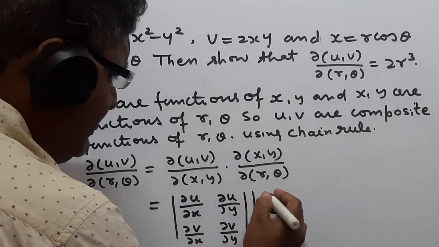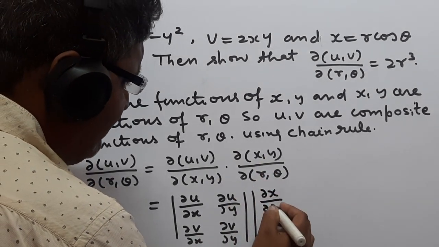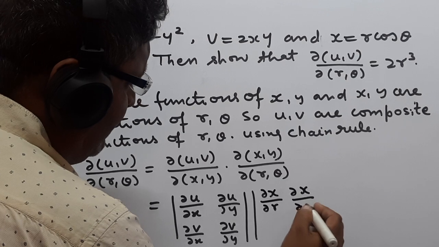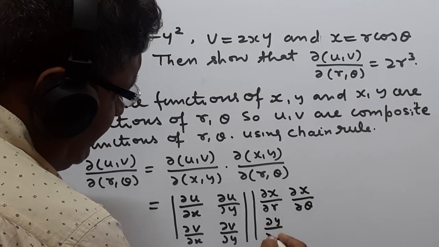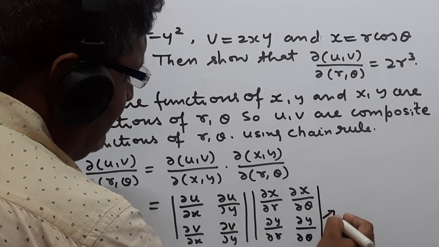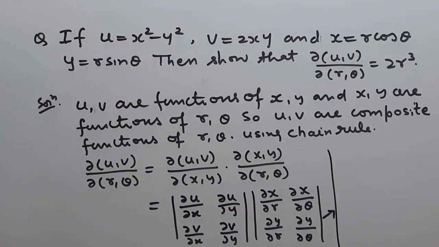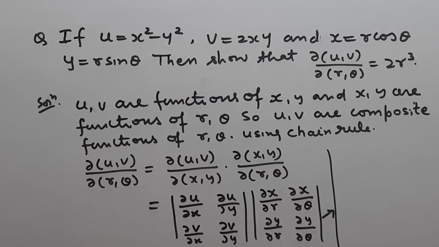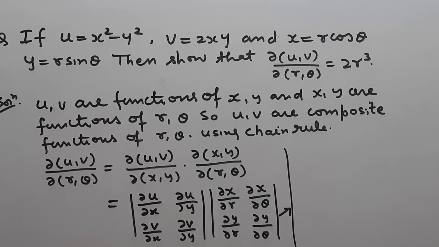So by the definition this can be written as del x upon del r, del x upon del theta, del y upon del r and del y upon del theta. Now we put the value of partial derivatives with respect to x, y and with respect to r theta.